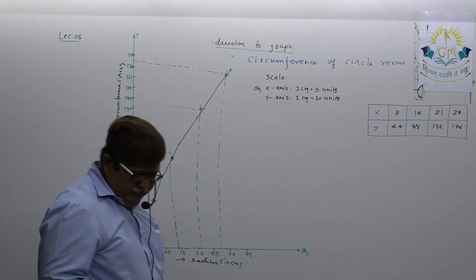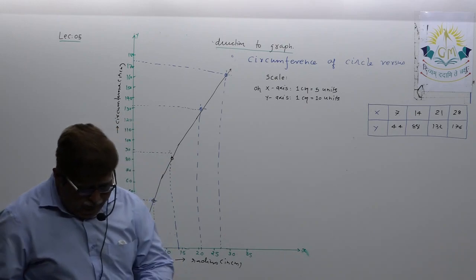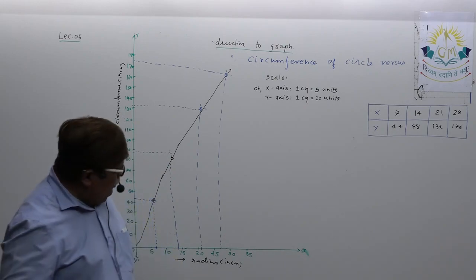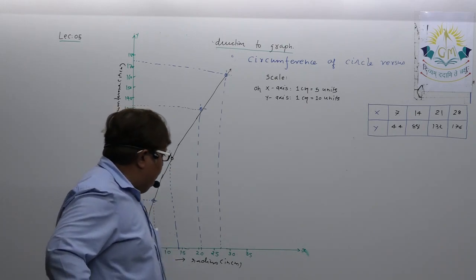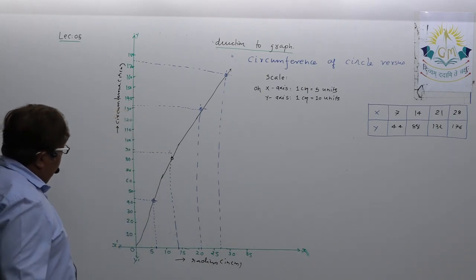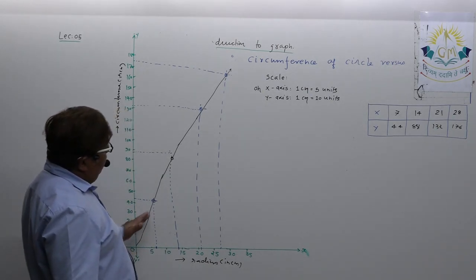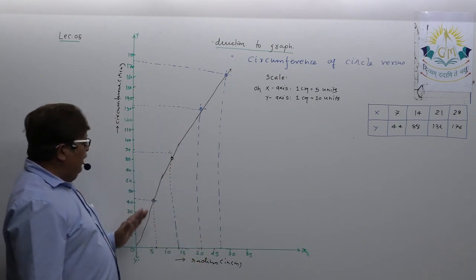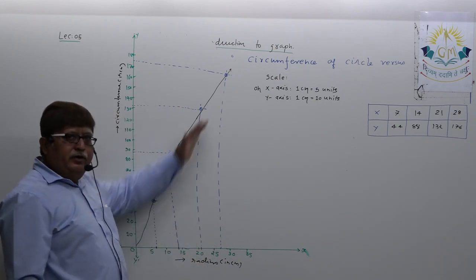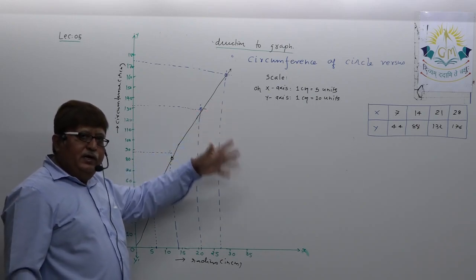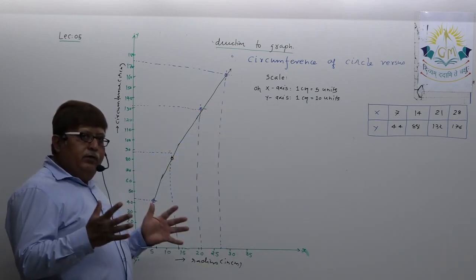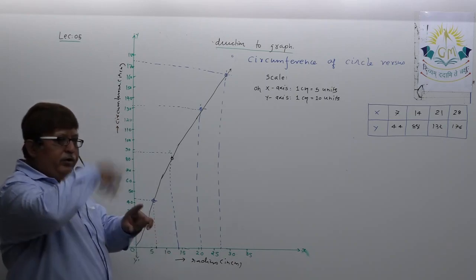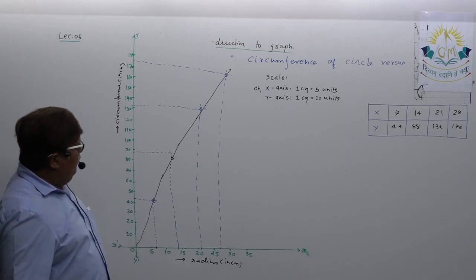This is the way you can produce such types of graphs. Okay, and because we are working here without graph paper, it may happen that we will not get the exact straight line, but you will get it because you have the comfort of the graph paper. You can draw it easily. Understood?